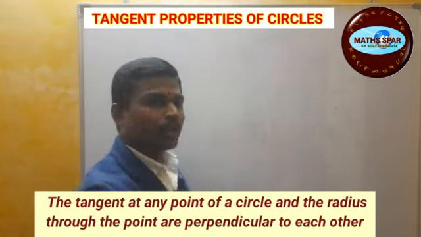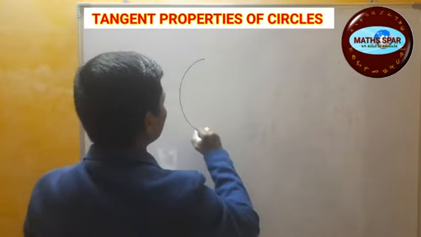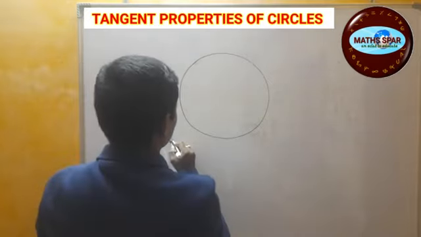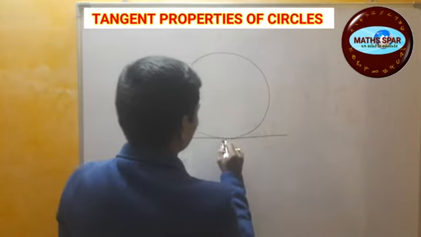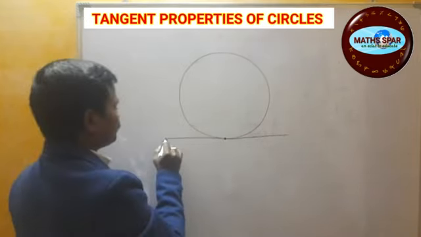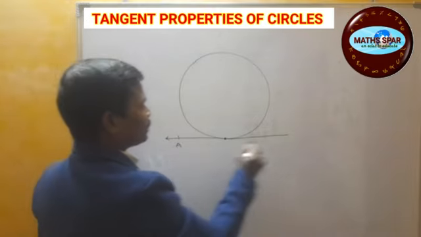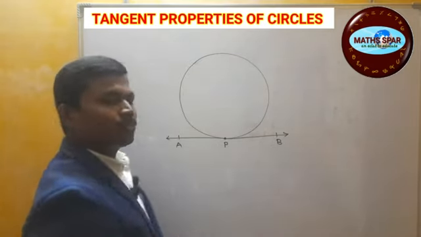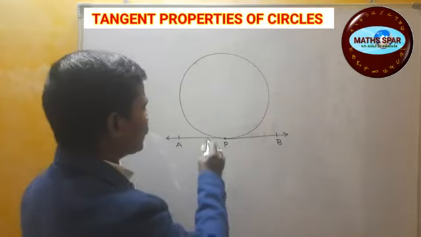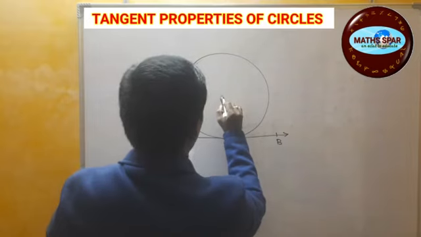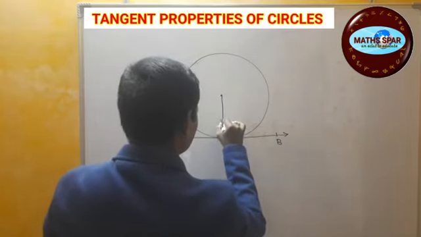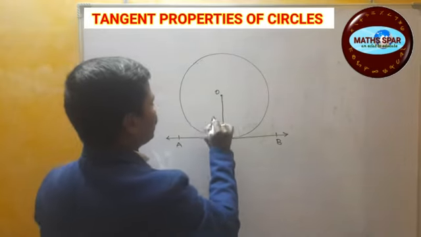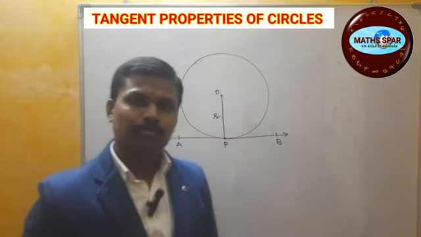Let us see. Let us draw a circle. Let us assume that a tangent AB is drawn to a circle and assume that OP is the radius of this circle.